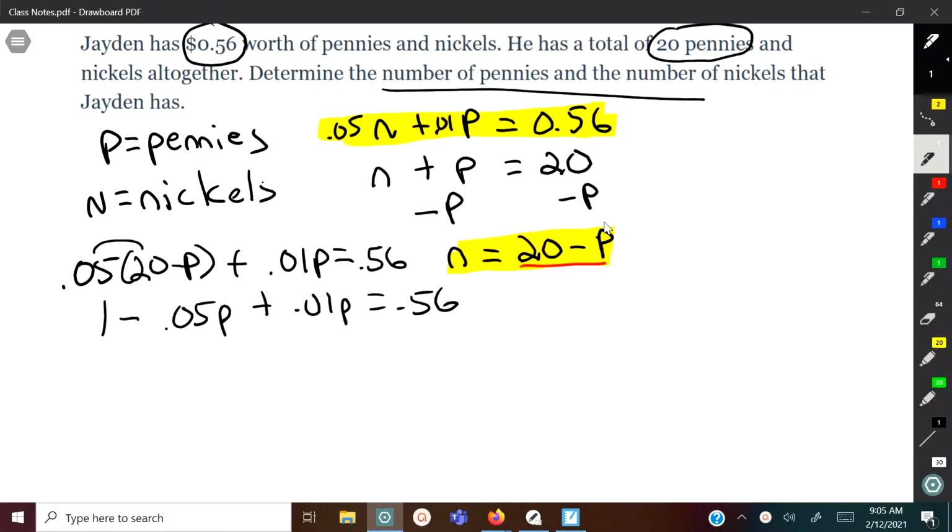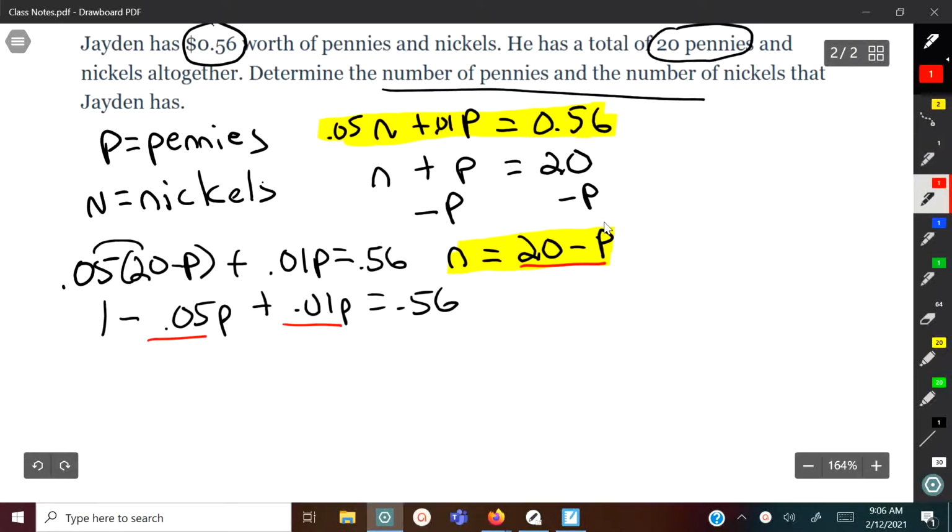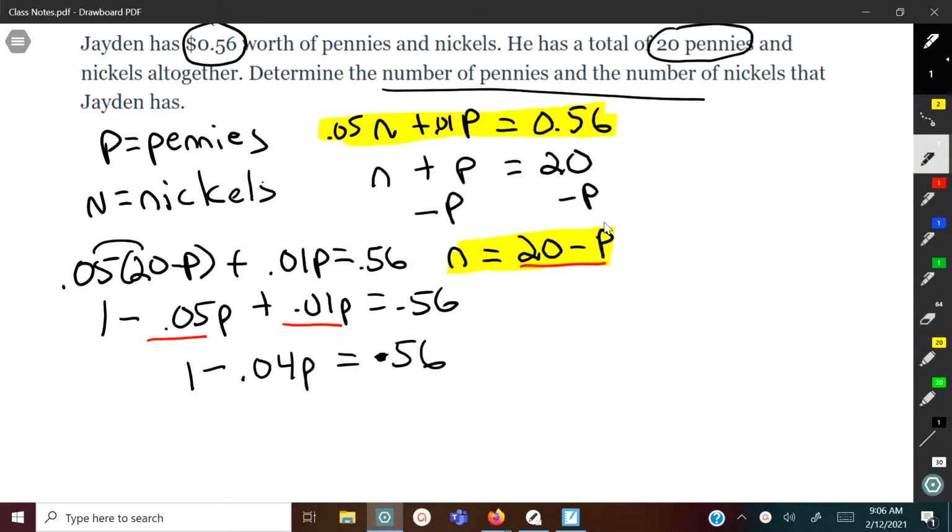Alright, so now we're going to combine our like terms here, and here. And different signs, find the difference. 0.05 minus 0.01 is 0.04. Now I'm going to subtract 1 on both sides.